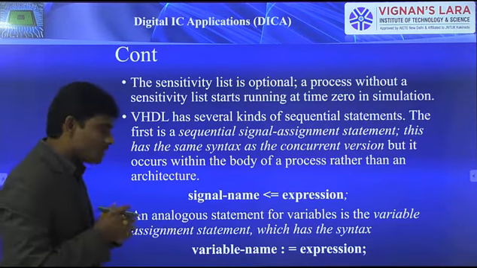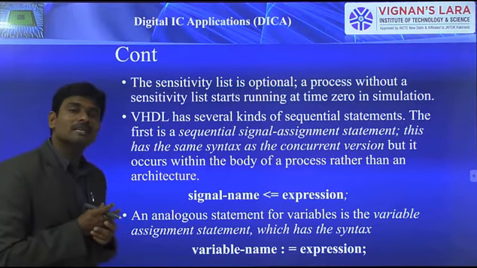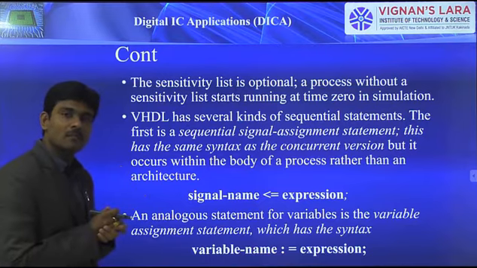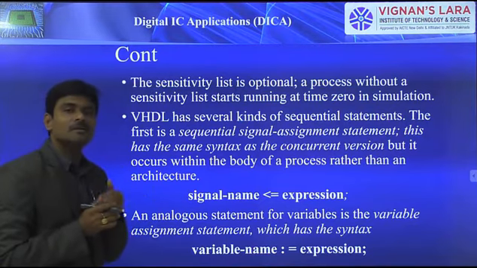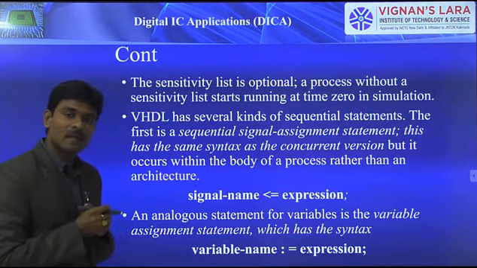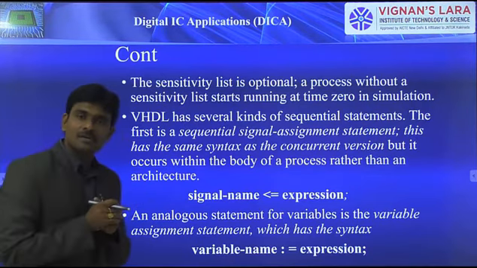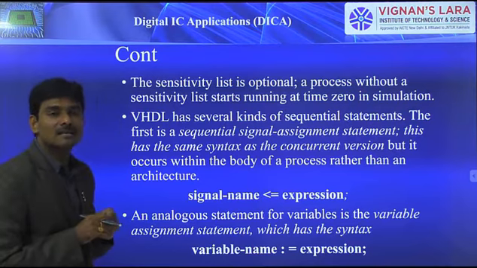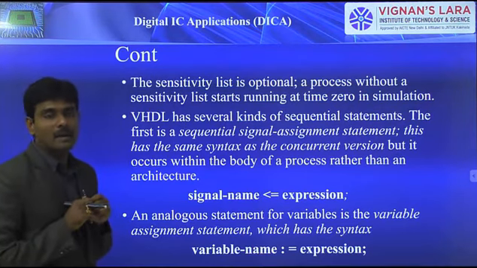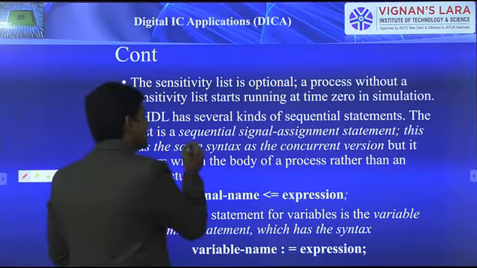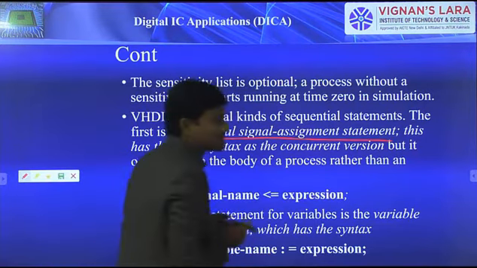Now we need to know what the sequential statements in VHDL are, because while writing a program for a process, within the process body you must consider only sequential statements. So next, what we are going to study is what sequential statements we have. The first sequential statement that we are going to study is the sequential signal assignment statement.